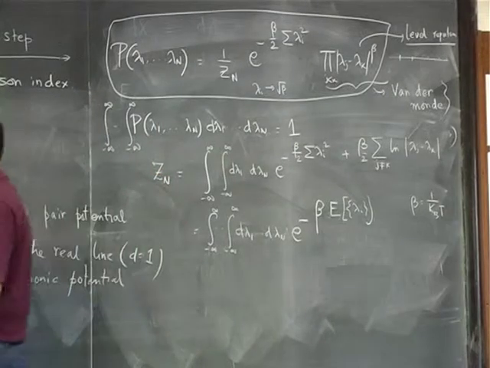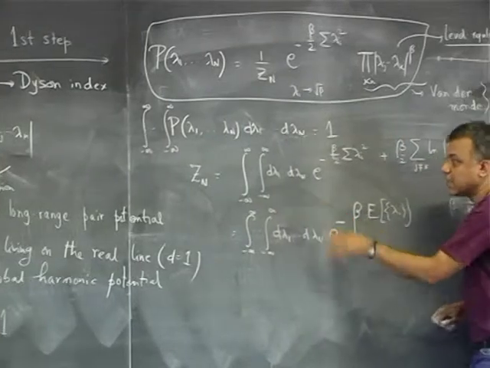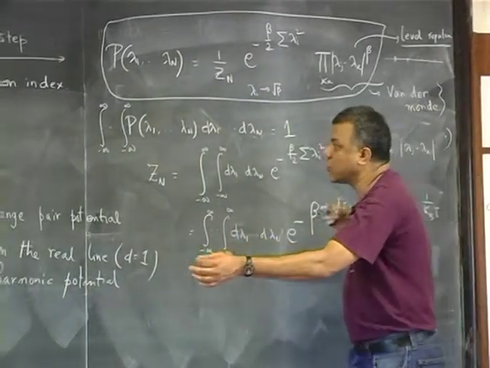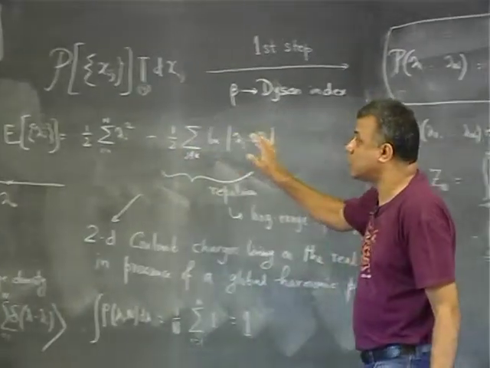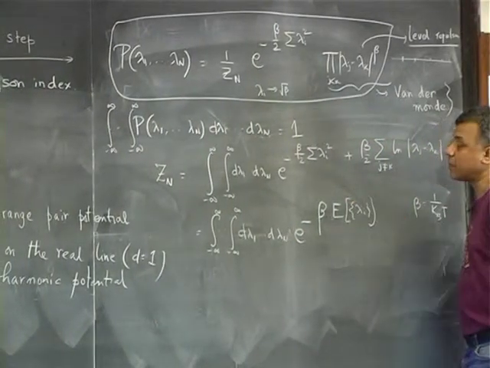In order to calculate such observable properties, I notice that I can interpret this as a statistical mechanical system, which is long-range interacting particles sitting in an external potential. And we have a lot of experience with equilibrium statistical mechanics. So I have a problem of equilibrium stat mech now.